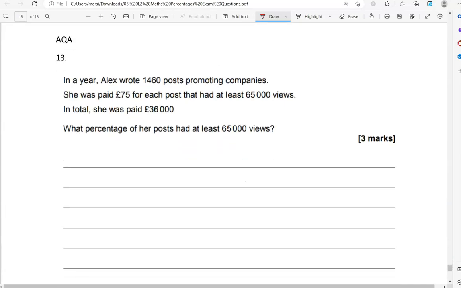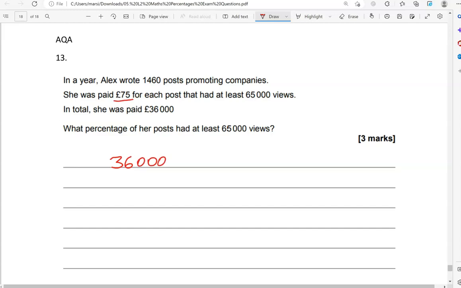In a year, Alex wrote 1,460 posts promoting companies. She was paid £75 for each post that had at least 65,000 views. In total, she was paid £36,000. What percentage of her posts had at least 65,000 views? So the total amount that she was paid is 36,000.